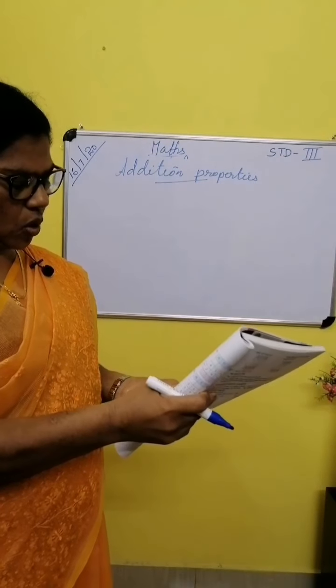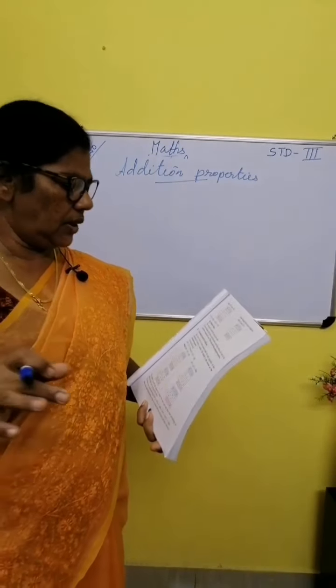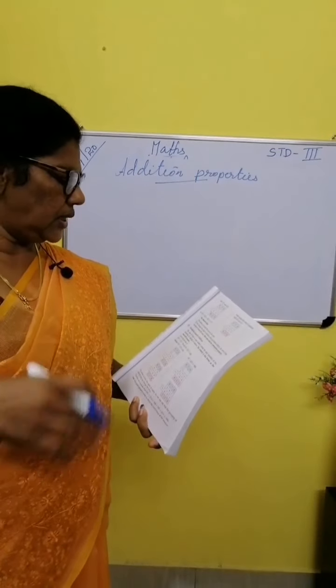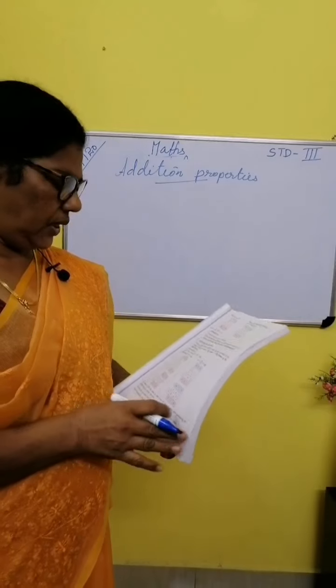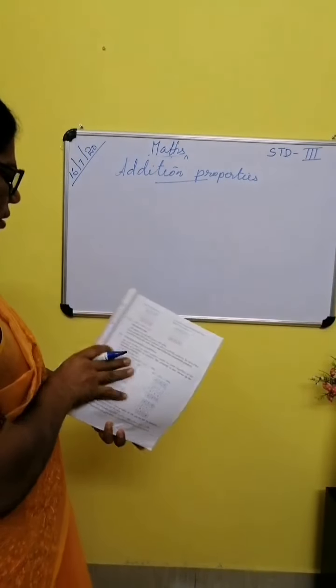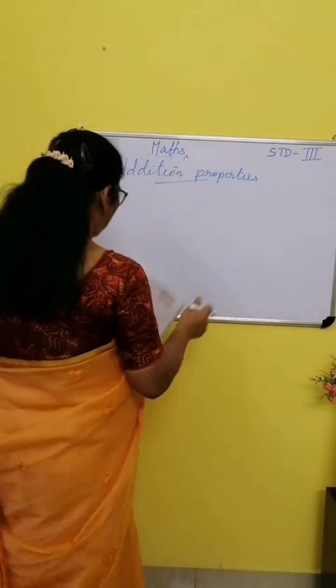First one, order property of addition, which is also called the commutative property. Second one, grouping property of addition. Third one, zero property of addition. First, let us study the order property of addition.